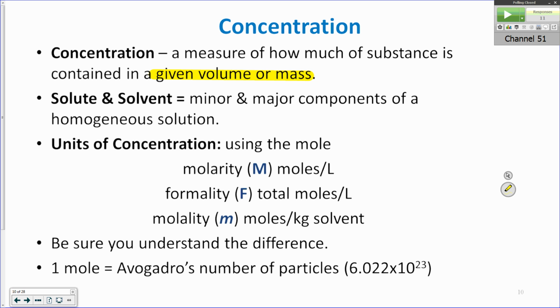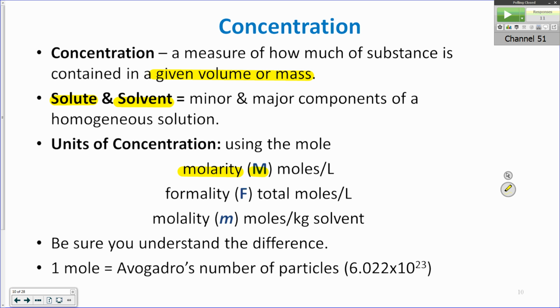Whenever we describe making up mixtures and solutions, we use the terms solute and solvent. That was something introduced to you in general chemistry. And those simply mean the minor and major components in a homogeneous solution. If we think about the units of concentration that we will use, molarity, capital M, is something we'll use constantly throughout this semester.